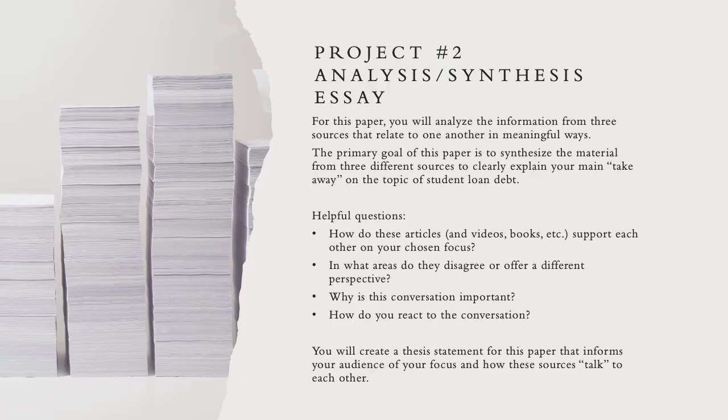All right, let's look at Project 2. I have a feeling some of you may still have a few questions about what it is you're doing. So what we're doing in this class is we're really building on your critical thinking and writing skills. For project number 1, you dipped your toe into the skill of analysis.